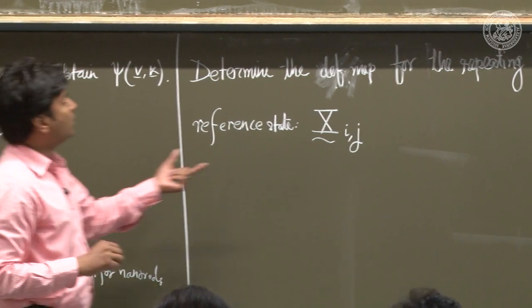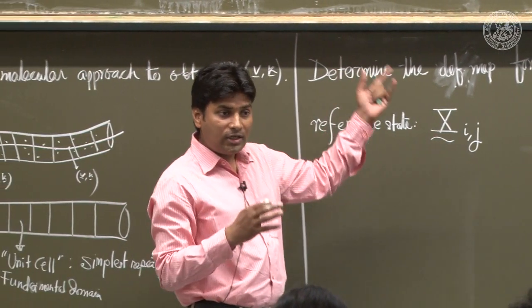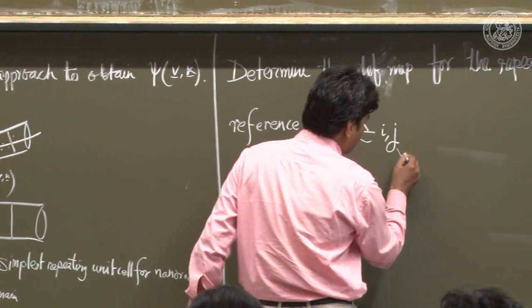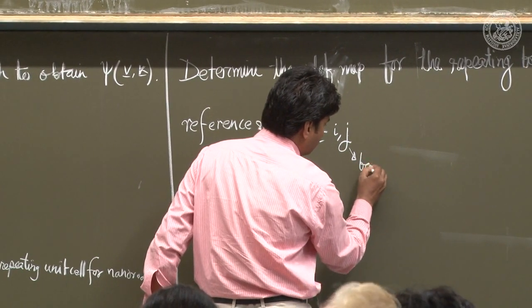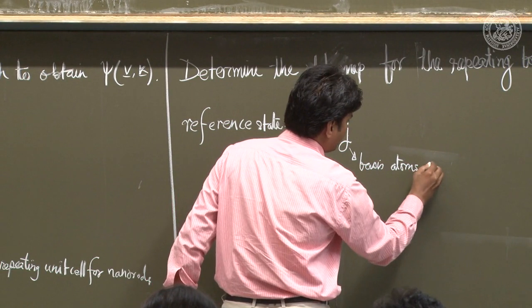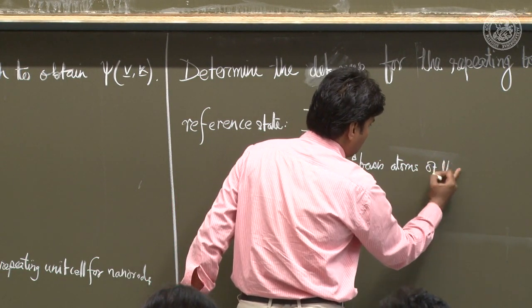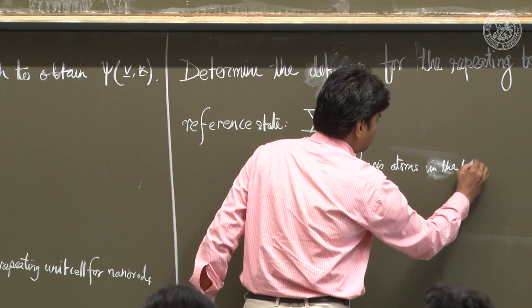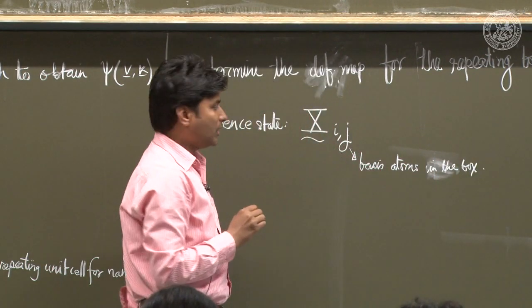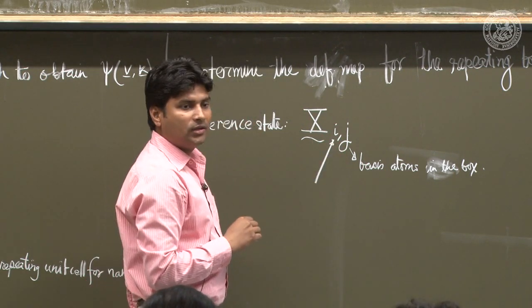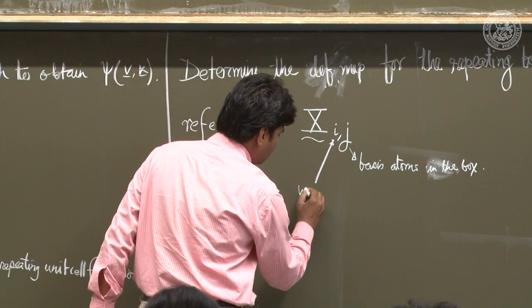So, if you want to relate this to your 3D crystal, then j are your basis atoms in the box, whereas this I tells you which box.